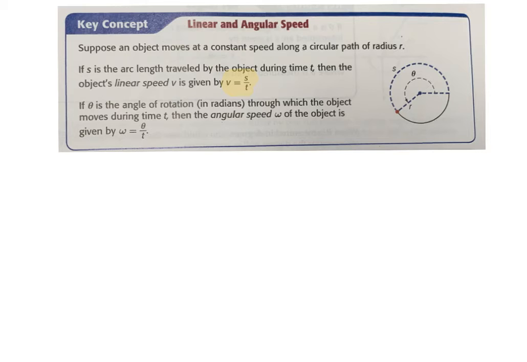So your S is going to be your angle measure in radians times your radius, okay? So if you look at the page prior, S is defined. Your theta, which is your angle measurement in radians, multiplied by your radius, okay?